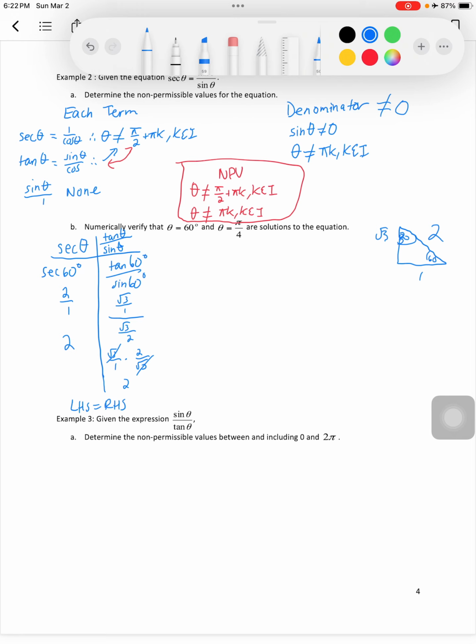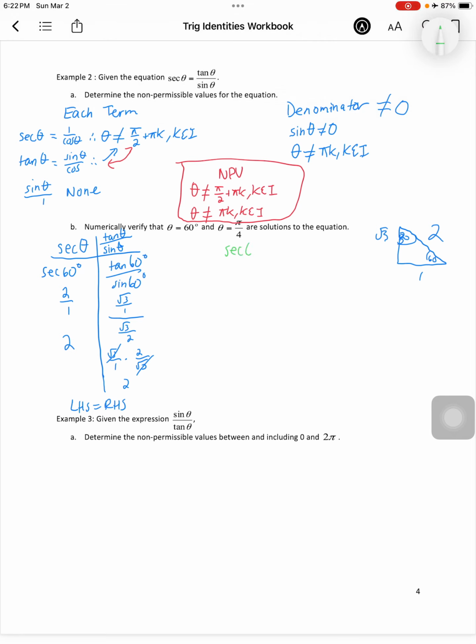And now, we're going to repeat the same process for pi over 4. So here, secant theta, tan theta over sine theta. So secant pi over 4, that's related to this special triangle. So here it's 1, 1, square root 2. So secant pi over 4 is the same thing as square root 2 over 1, which is just square root 2.